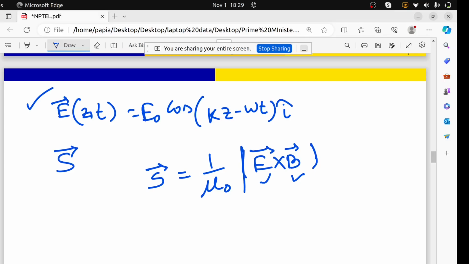First of all, the electric field, whatever is given here, in which direction is it? This is in the i direction, because you can see only the i cap is there. So all the components of the electric field are in the i direction. Now can you tell me what is the direction of the k vector?